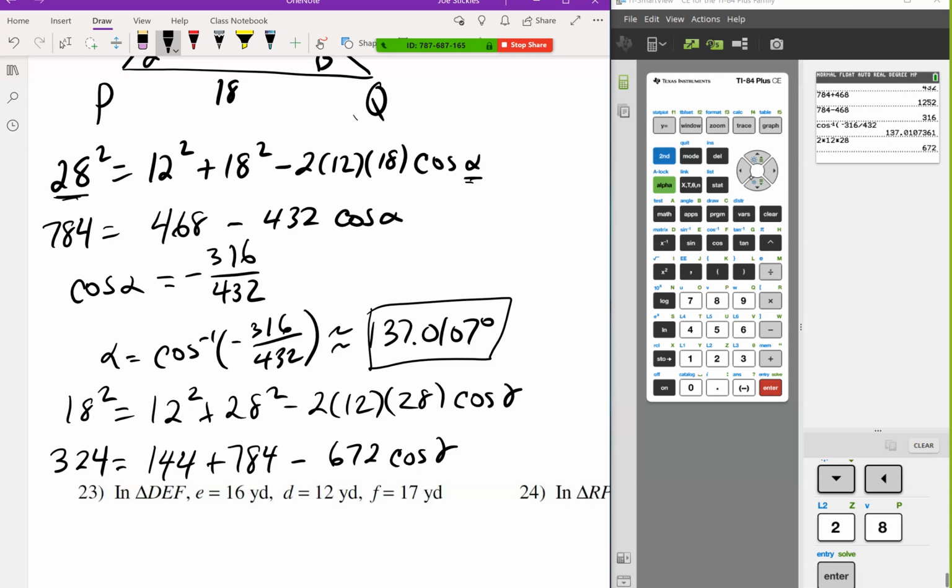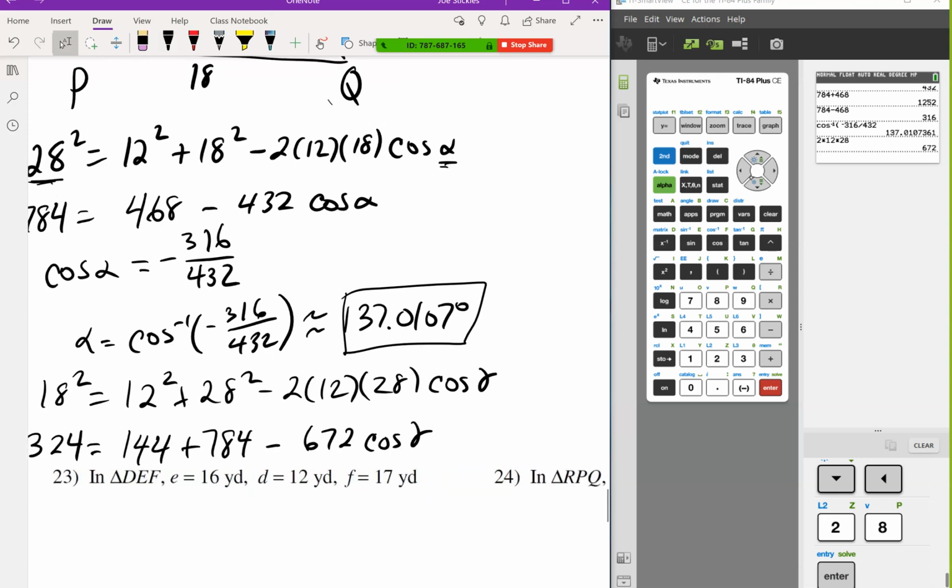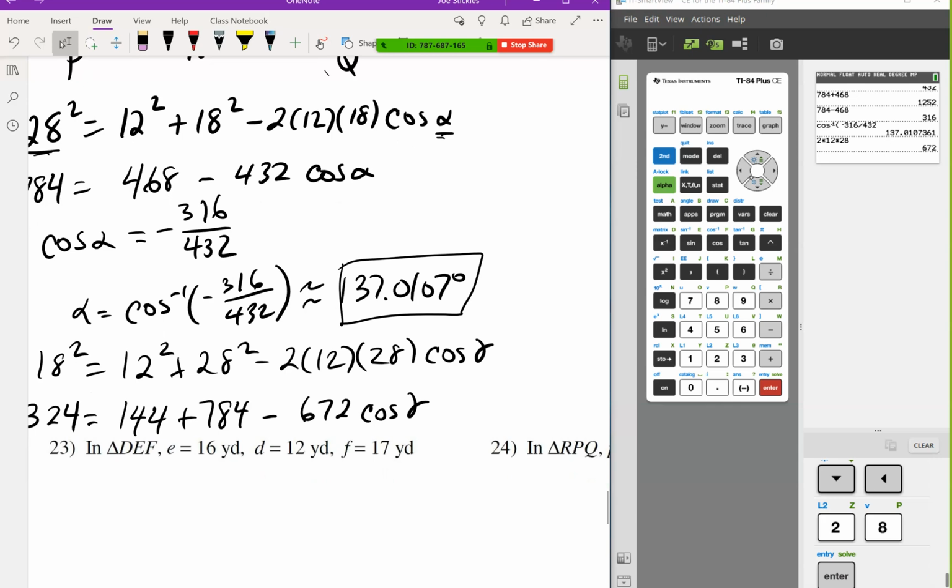And now again, we'll isolate our cosine of gamma. So I need to do 324 minus that 144 and the 784. So cosine of gamma is equal to a negative 604, divided by a negative 672.